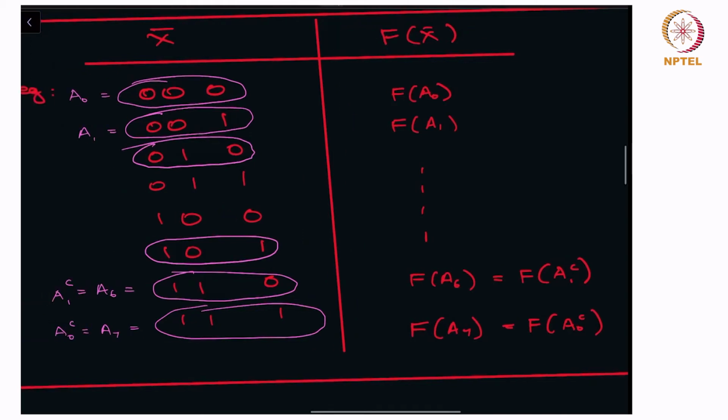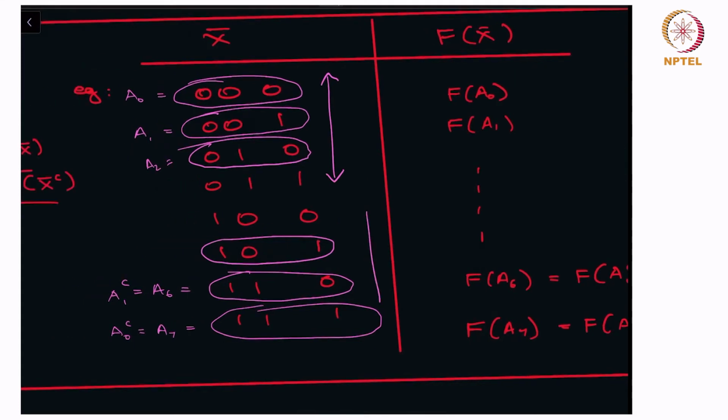So you have half of them, that is 4 of them, of the form a0, a1, a2, a3, right? And the other half are of the form, a7 is a0 complement, a6 is a1 complement, a5 is a2 complement, and a4 is a3 complement.